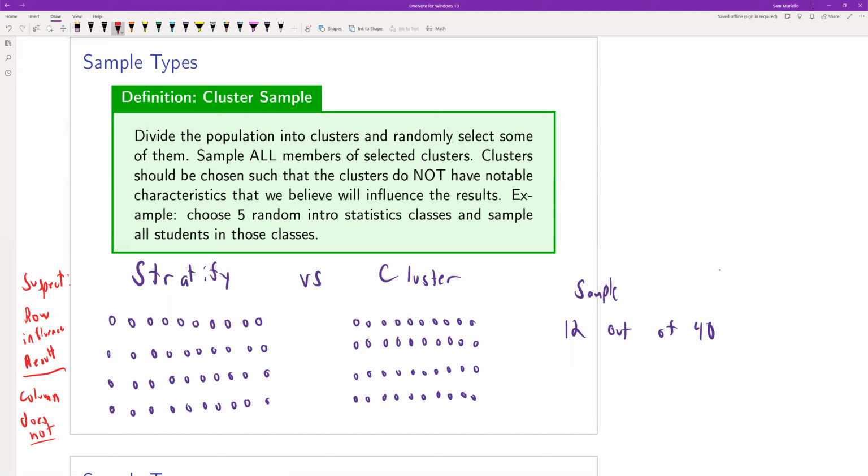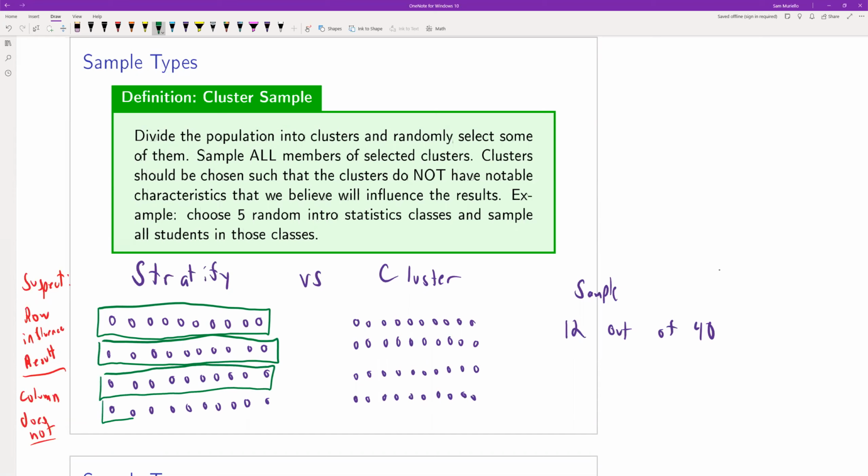But we don't think based on which column we pick, we expect to get a different answer. If we were going to stratify, we might break our population by rows, because we want to make sure that we sample correctly from each row, because if we accidentally got too many people from row 1 and not enough people from row 4, our result would be very different. And we need 12 total people.